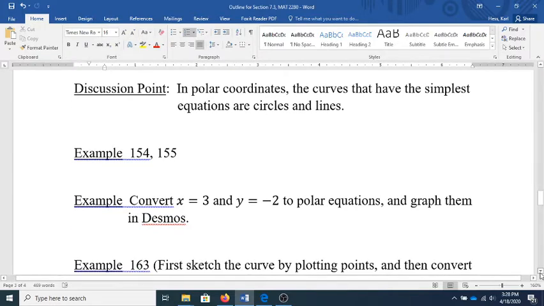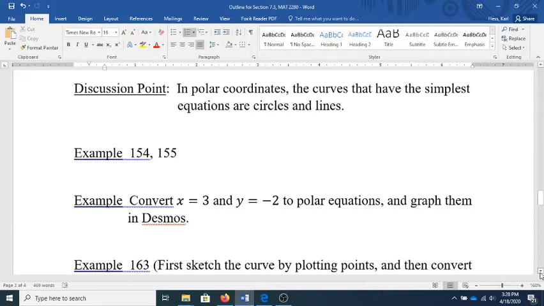In particular, we talked about how simple it is to give equations for horizontal and vertical lines in rectangular coordinates. Let's convert those over to polar coordinates, just as a nice starting point for practicing the skill of converting between rectangular and polar coordinates.